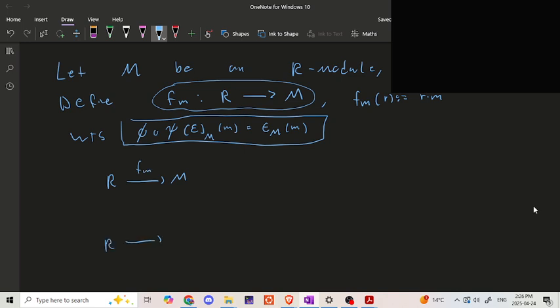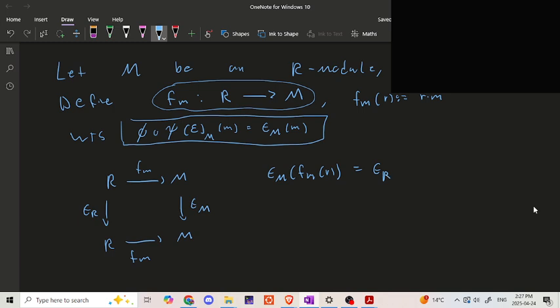I should get a commuting diagram, where down here I'll have epsilon_R, and over here I'll have epsilon_M. Fantastic. And what do we get from here? Well, we know that this diagram has to commute for all elements of R. So that means that epsilon_M of f_m of r must be equal to epsilon_R.